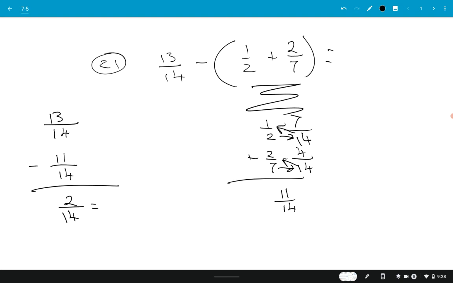The answer is 1/7, okay? But how did I get the 1 and how did I get to the 7? Miss Guerin? 2 goes into 2 once, and 2 goes into 14 7 times. That's how I got 1/7 as the final answer, okay?